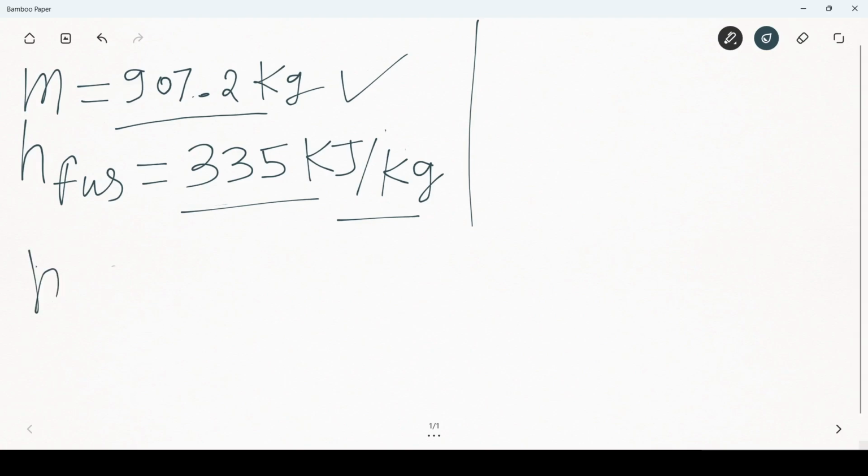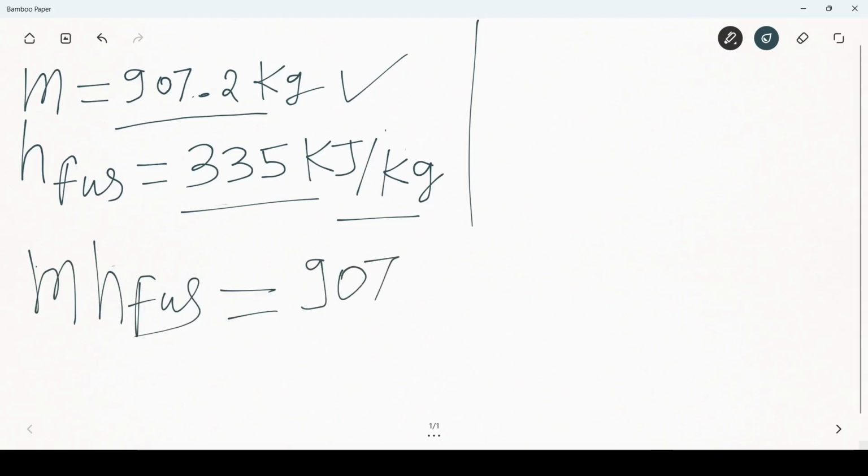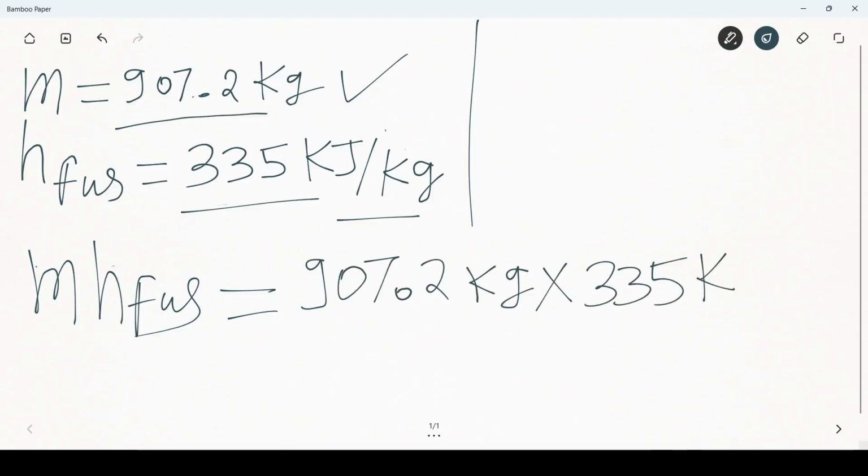If I multiply this mass with the latent heat of fusion of water, I will get 907.2 kg multiplied by 335 kilojoule per kg.